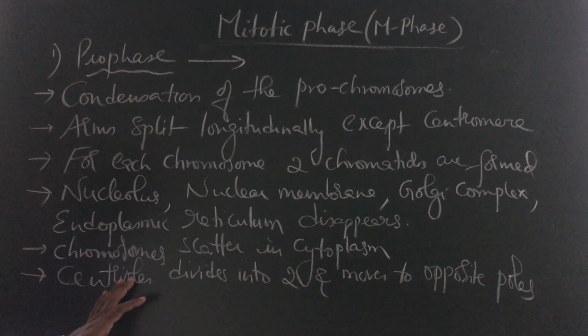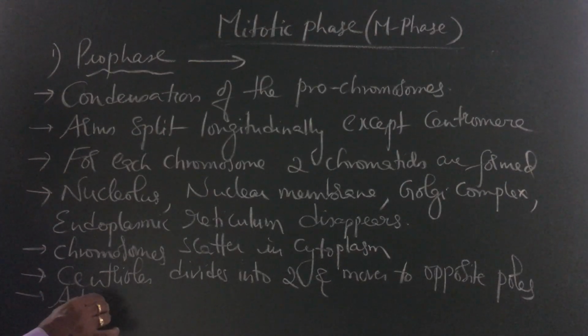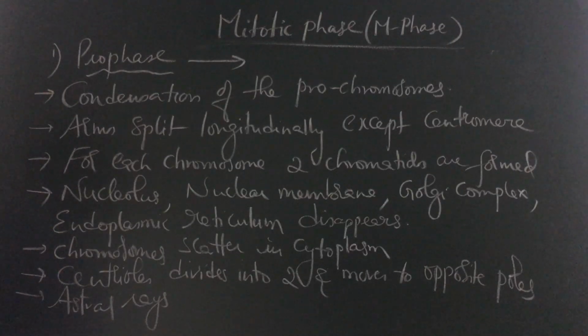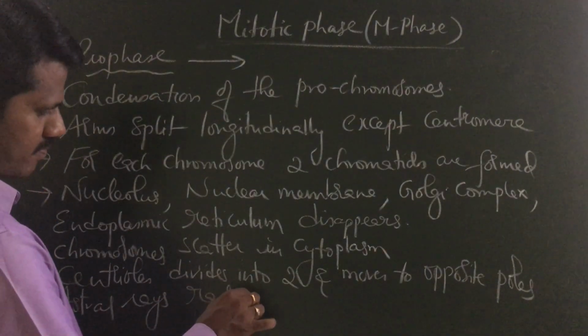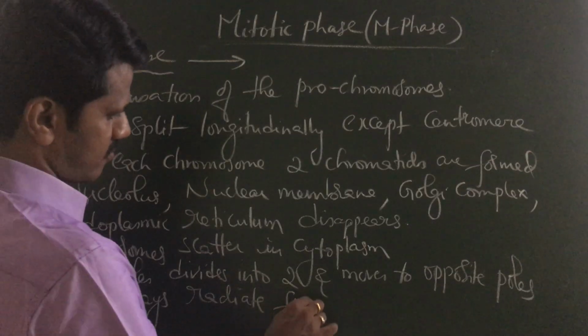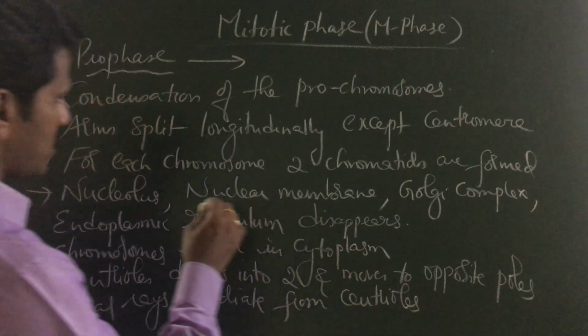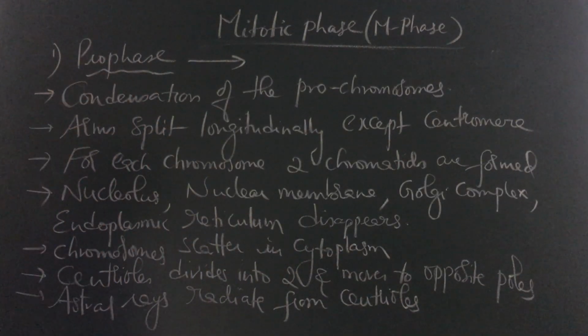Next, astral rays radiate from the centrioles. These are ray-like structures. Remember all these events that happen in the prophase.